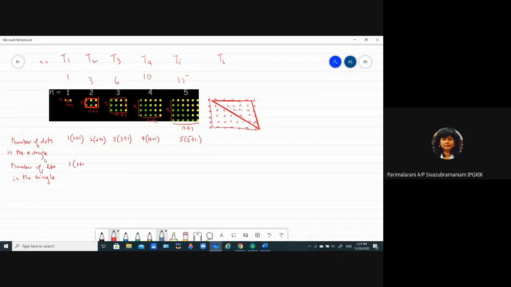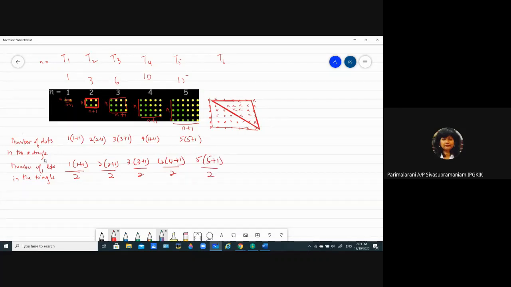It's 1 times 1 plus 1 divided by 2. It's 2 times 2 plus 1 divided by 2. Because it's half of the rectangle, correct? It's 3 times 3 plus 1 divided by 2. 4 times 4 plus 1 divided by 2, or 5 times 5 plus 1 divided by 2.